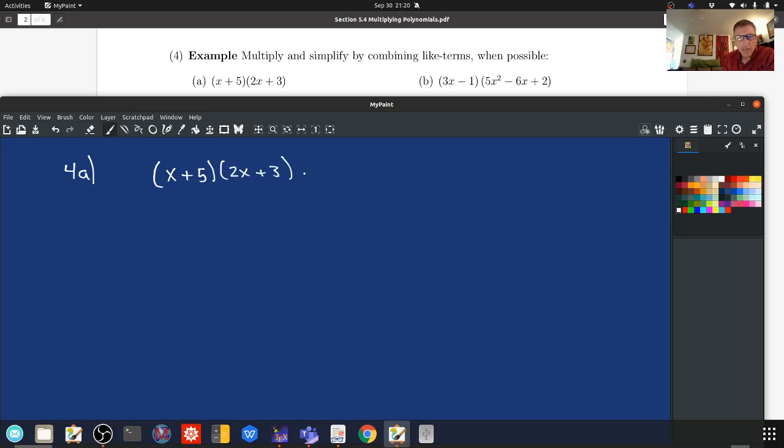So I'm going to go ahead and do this the same way, just do them all the same. So that's x times 2x plus 3. If you know how to FOIL, you can go ahead and FOIL.